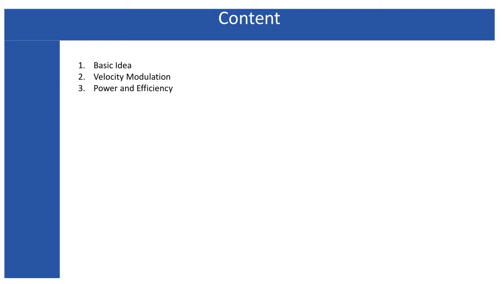The velocity modulation also takes place here, and the idea of velocity modulation is similar to the two cavity klystron with a little difference, which I will cover in this lecture. The most important one is the power and efficiency of the oscillator that I am going to design, or you should design as a microwave engineer. Therefore the power and efficiency is one of the most important, and that will be covered in this lecture.